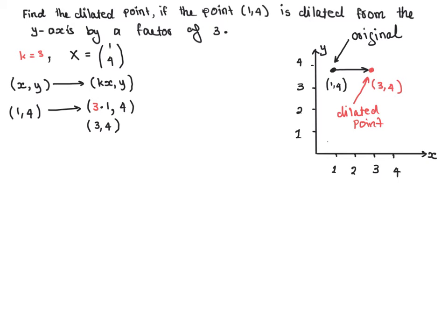So here again, we're just moving parallel to the x-axis, moving away from the y-axis, thereby only changing the value of x, keeping the y constant. We're moving a factor of 3 from the y-axis, so the new point becomes 3, 4.